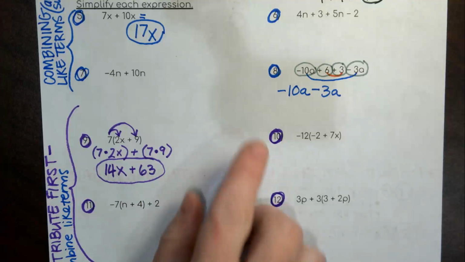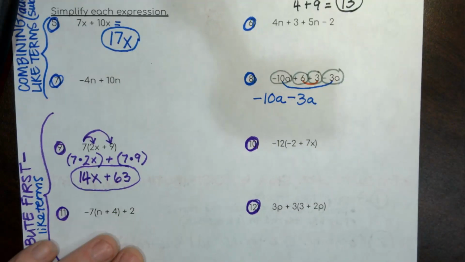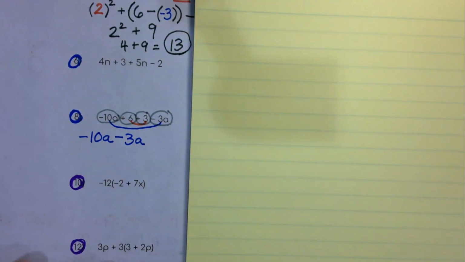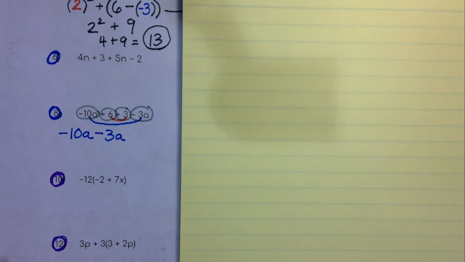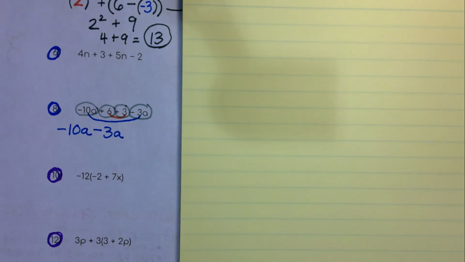Now as far as this here, we've got negative 10a minus 3a, and that could also be looked at differently. Let me get another piece of paper to show you separately. Maybe this would make more sense. If it was subtraction first and then addition last, would it be addition?